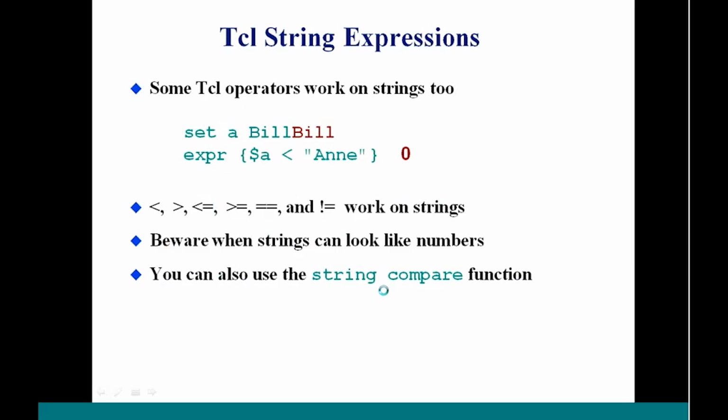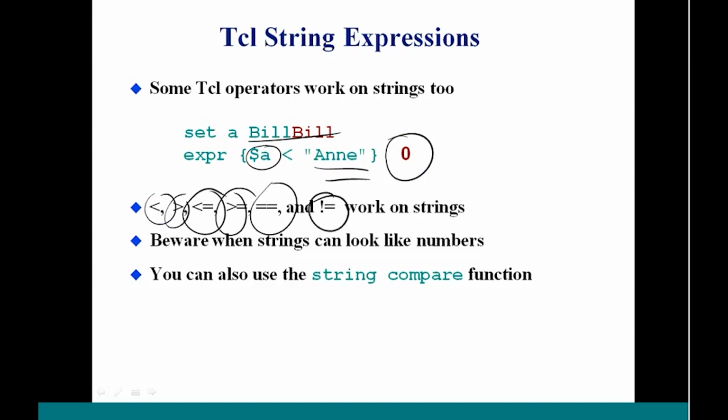And some Tcl operators can also work on strings. For example, A is bill, expr $A less than and so on is going to be 0. And then less than, greater than, less than or equal to, greater than or equal to, and not equal to, they can all work on strings.